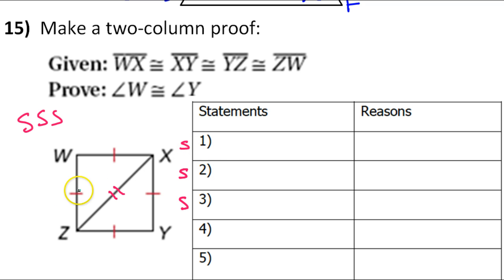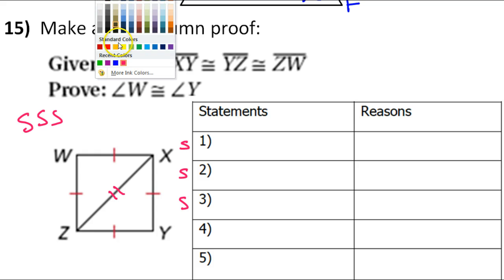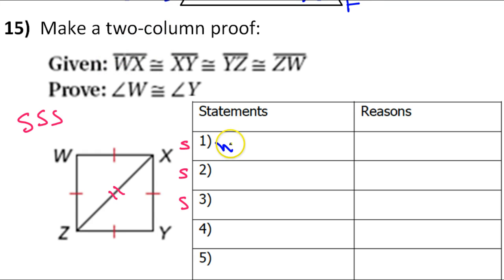So my first side, for example, I might say that WX is congruent to ZY. Okay, that's given.